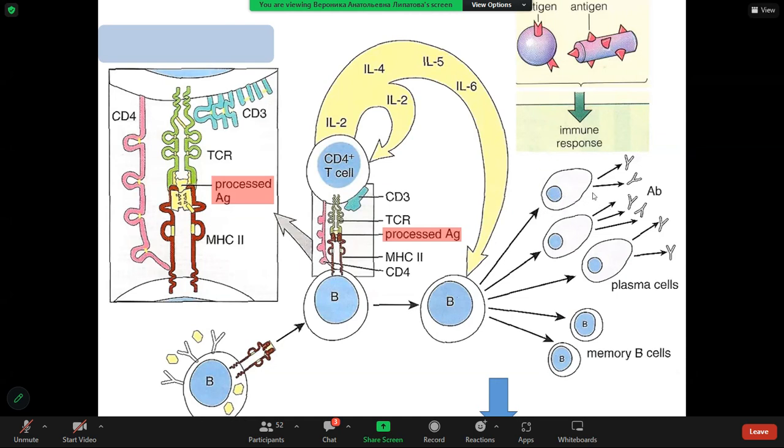The main function of plasma cell is to produce antibodies. As a result, there are two kinds of cell after the first meeting with foreign antigen: differentiation of B lymphocyte into plasma cell and memory B cells.